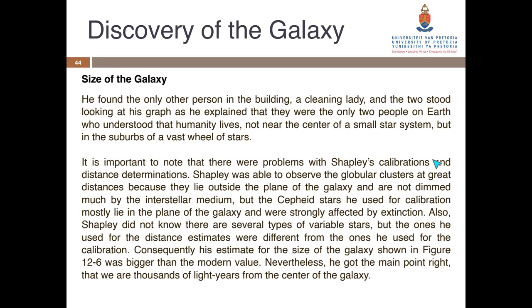Also, Shapley did not know there are several types of variable stars, and the ones he used for the distance estimates were different from the ones he used in the calibration. Consequently, his estimate for the size of the galaxy, shown in figure 12.6, was bigger than the modern value. Nevertheless, he got the main point right, that we are thousands of light years from the center of the galaxy.